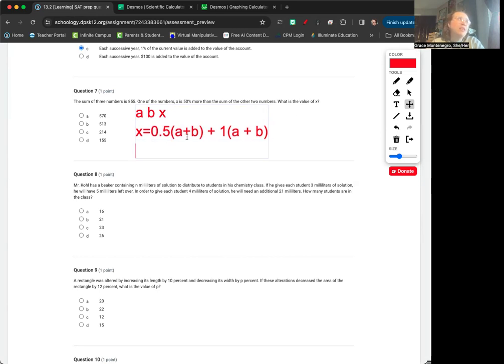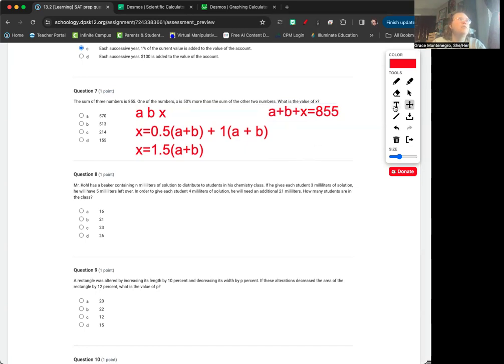This box has A plus B in it, and this box has A plus B in it. This box is just half a box, and this is a whole box. So altogether, I have 1.5 boxes that contain A plus B. Now this is a beautiful, simple equation that we're going to be able to solve, as long as we keep in mind our other equation, which is A plus B plus X equals 855.